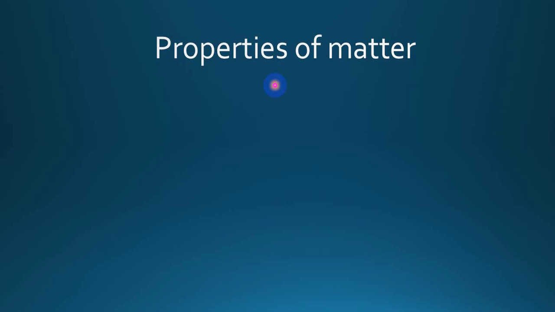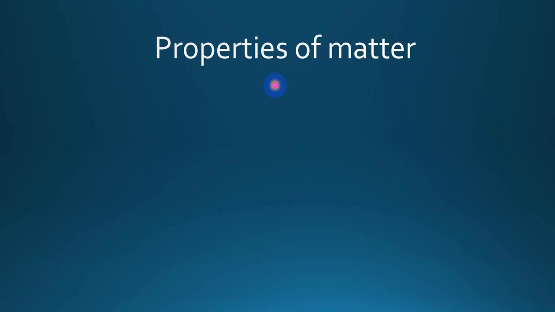I will know his name. I know what subject he likes. I know what color he likes. I know if he wears glasses or not. I will know what type of food he loves. So here I have some information about the properties of Ahmed. It is the same with matter.